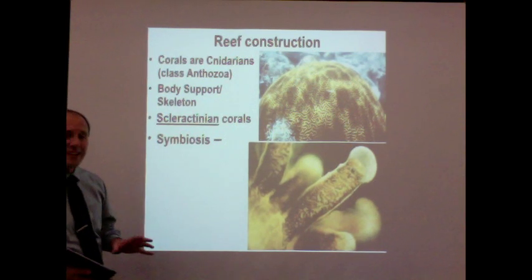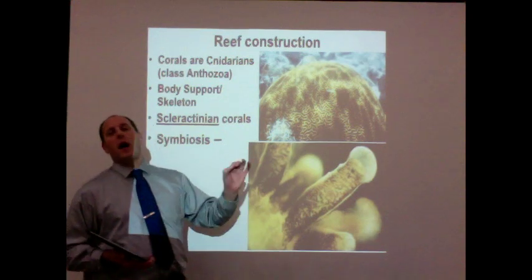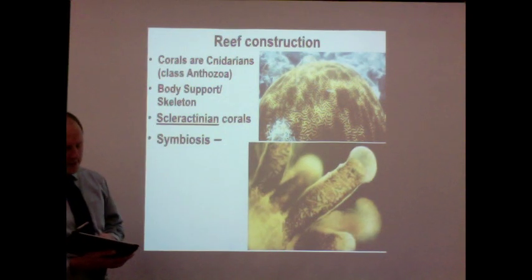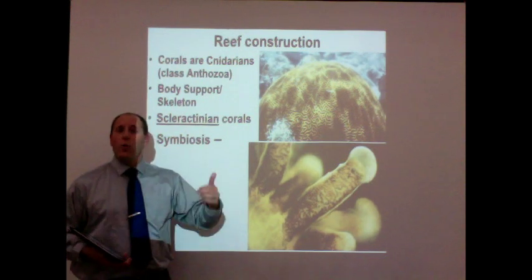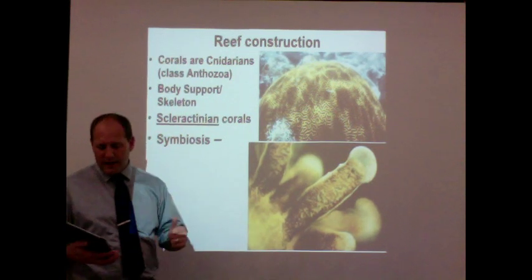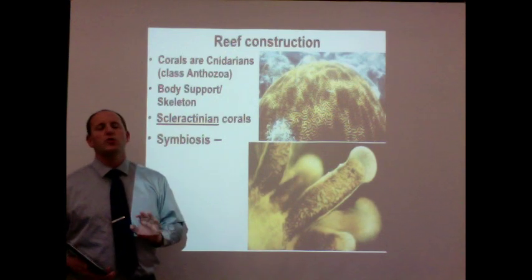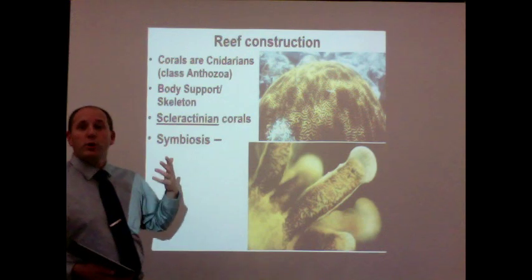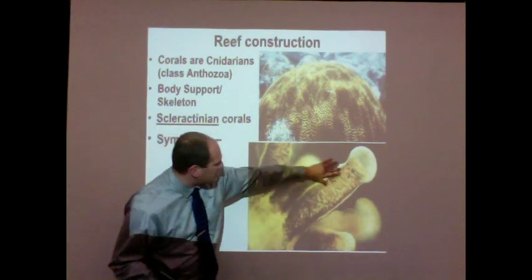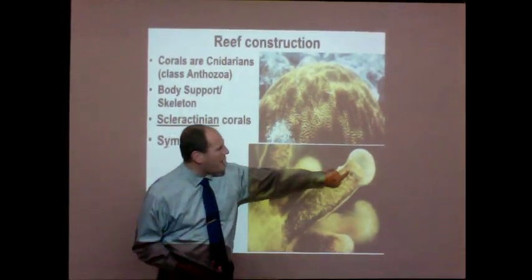Remember that zooxanthellae is a photosynthetic, a plant-like protista. Now, these corals can produce skeletons without the zooxanthellae. They can survive without them, but it's an extremely slow process for them. The zooxanthellae are producing sugars. And you can see them in this picture, all these dark little spots here.